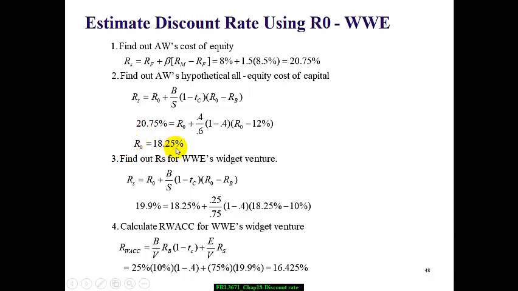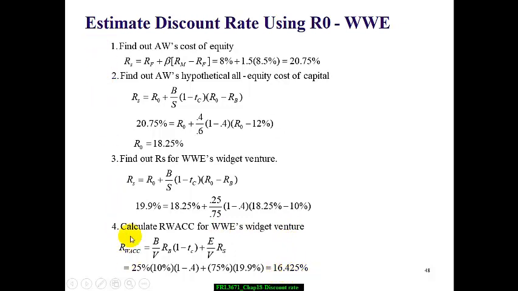This is the one we can use as the business risk for WWE's widget venture. So we have to use Proposition 2 one more time, as WWE's project has a different amount of debt, 25%. We try one more time, and the cost of equity for WWE is 19.9%. So given 25% debt, 75% equity, we use WACC to figure the discount rate for WWE's widget venture is 16.45.